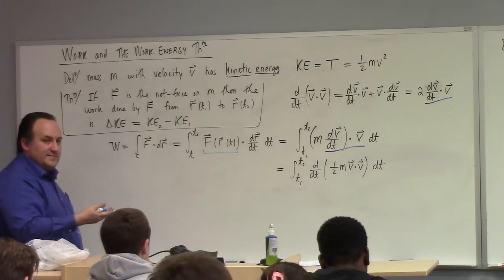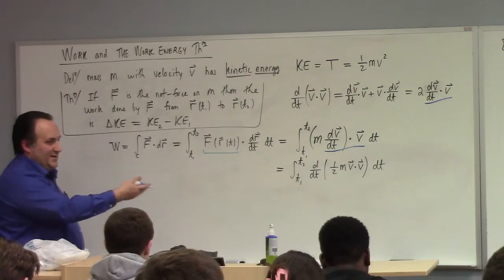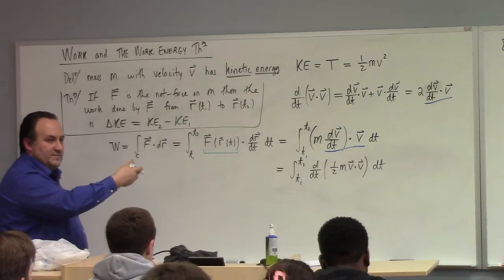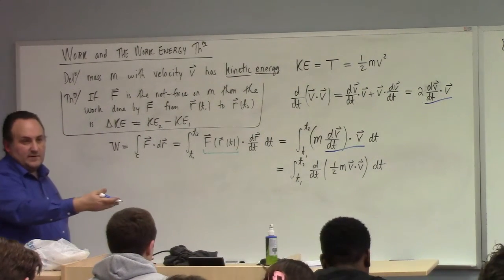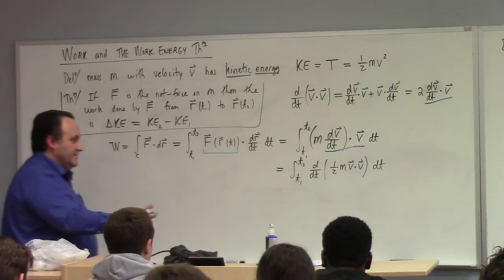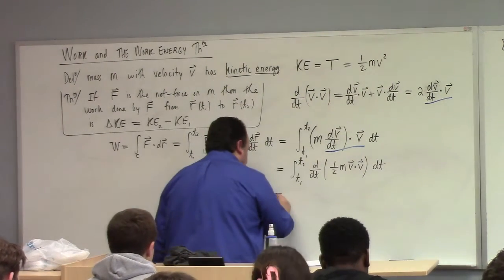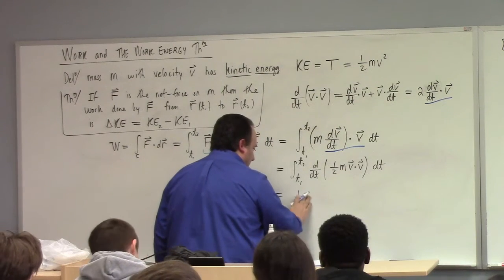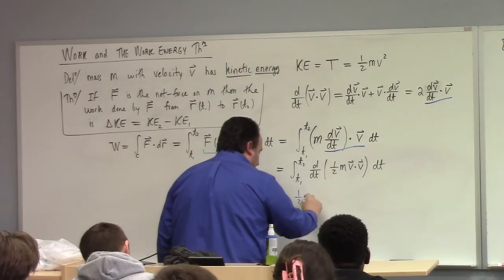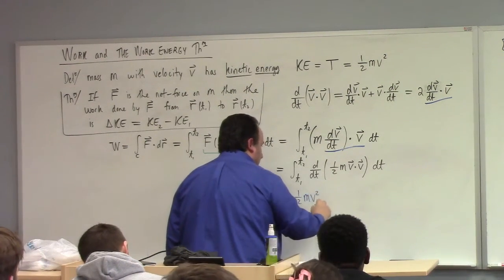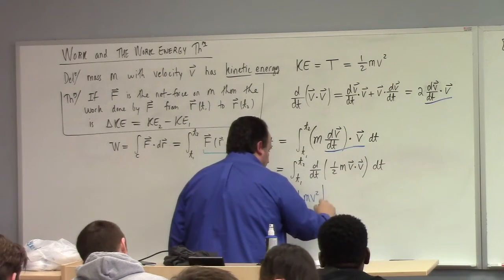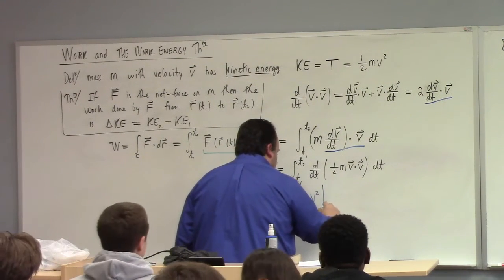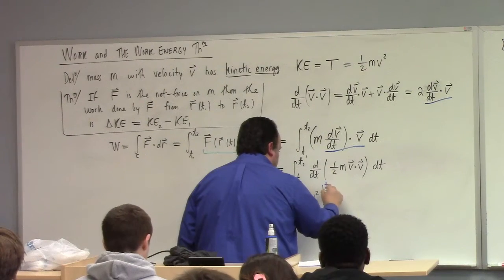But then what? It's the integral of a total derivative. So by the net change theorem, that's what? 1/2 mv squared, right? Oh man, my m just became a w, that's not good. 1/2 mv squared evaluated from t1 to t2.